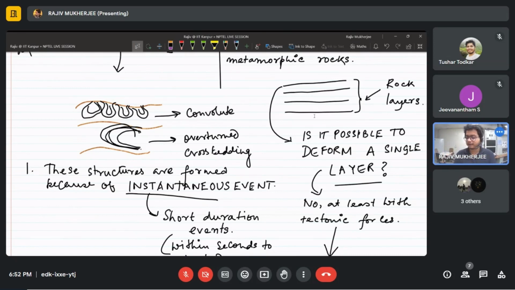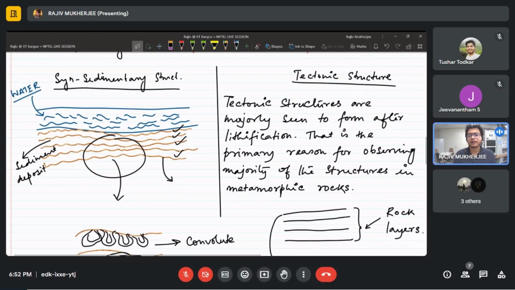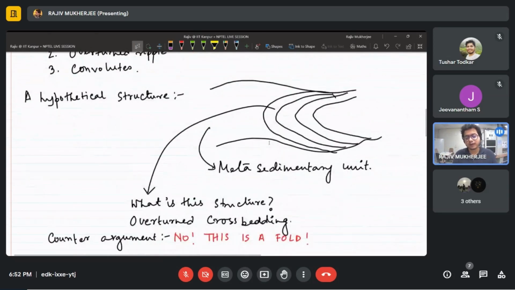So the answer for this case, whether it is an overturned crossbedding or a fold, is that we have to look up, down, above, and beyond that particular structure in the field to observe whether there are similarities in the layers above and below of that sequence.